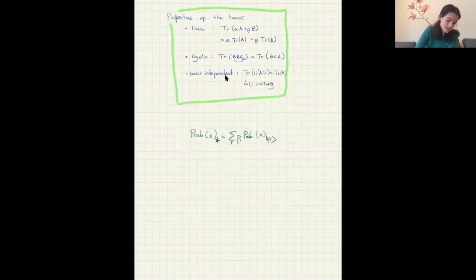So we wanted consistency across good predictions. So remember, we wanted predictions to be right. So we wanted that the probability of getting some outcome was given by the weighted sum of the probabilities of getting the outcome for each of the actual states that are prepared, which makes sense.